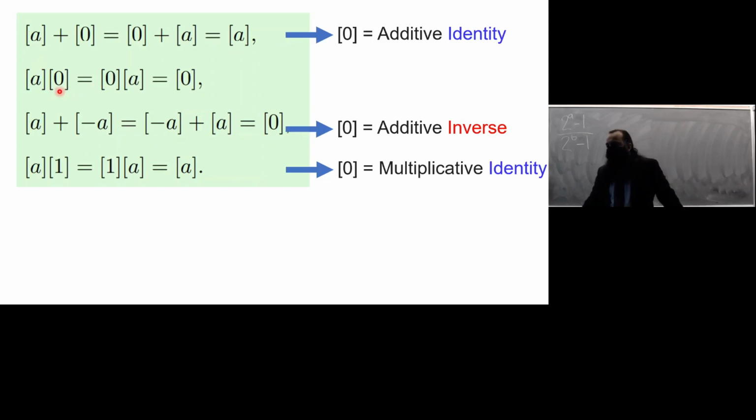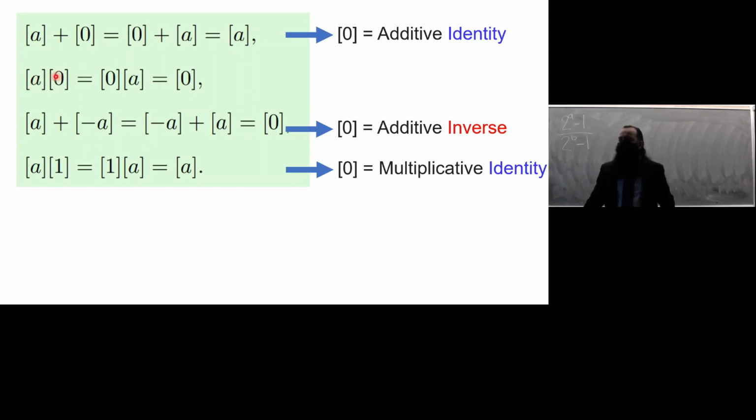Now, what would the 0 be called in this case? I have a times 0 equals 0. Multiplicative inverse? When I multiply a by 0, do I get back a? So 0 is not the inverse of a.